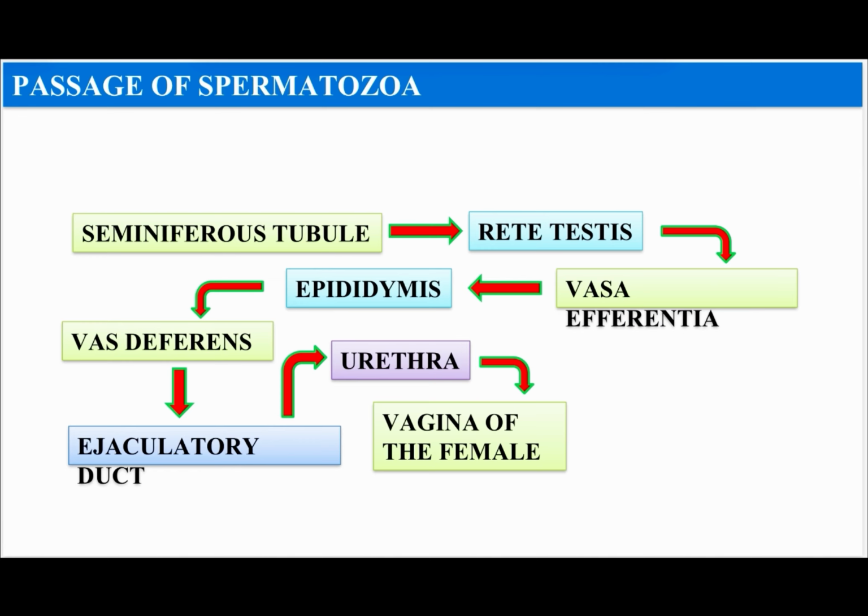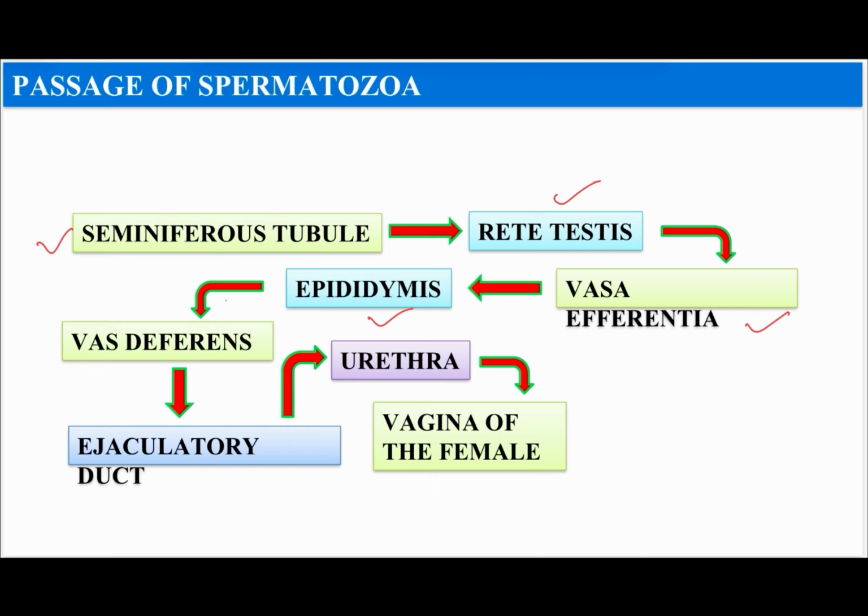Now if we see the passage of spermatozoa, meaning how spermatozoa move, many questions have come from this portion in previous years. From the seminiferous tubule, spermatozoa move into the Rete Testis. From the Rete Testis they move into the Vasa Efferentia, and from there into the epididymis.